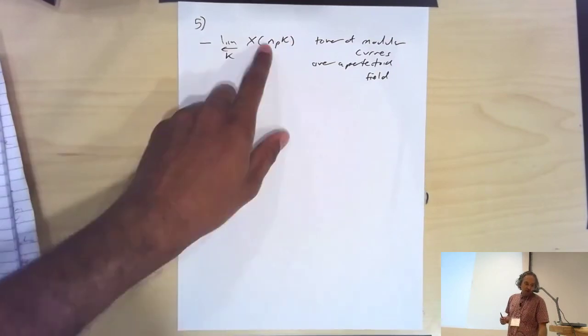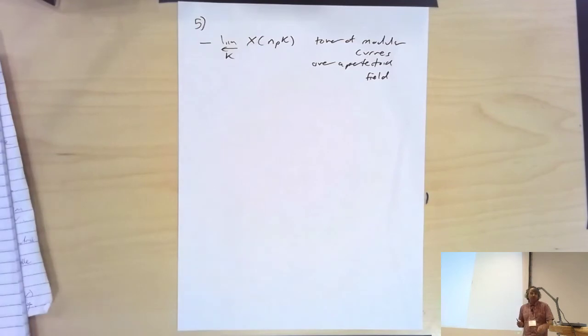I suppose you could also add prime to p stuff in the level, but the key point is that you're increasing the power of p. When you do something like this, it again gives you a perfectoid space.